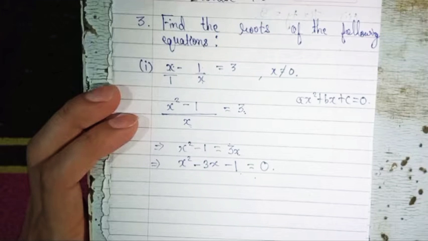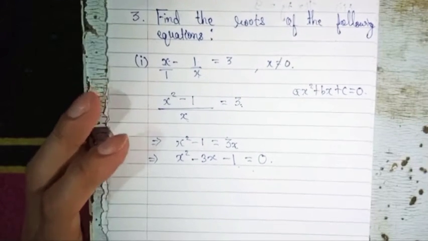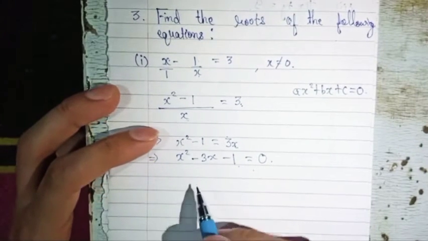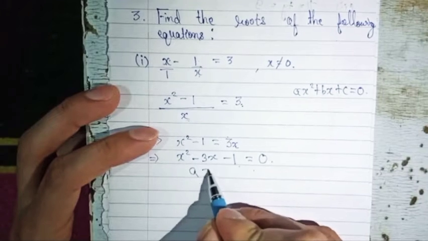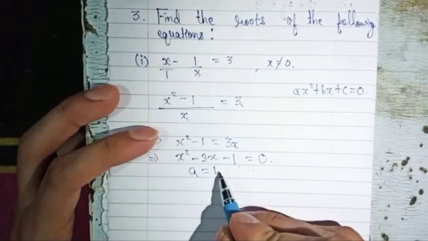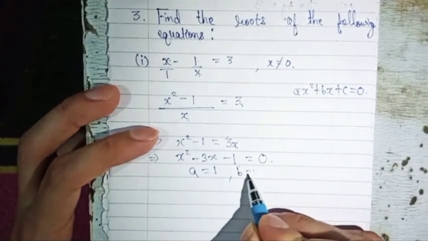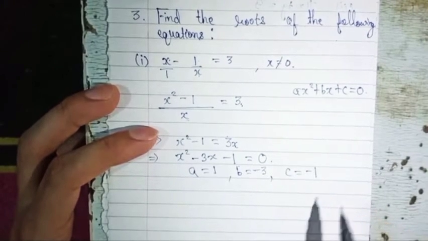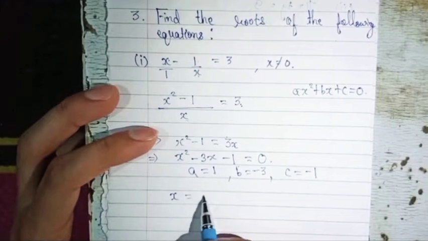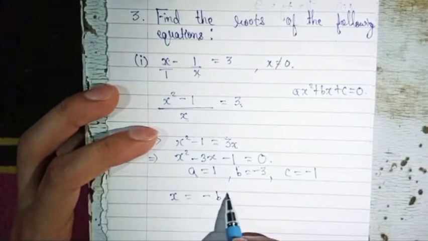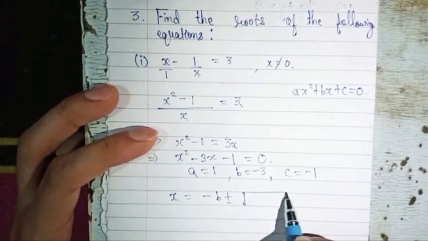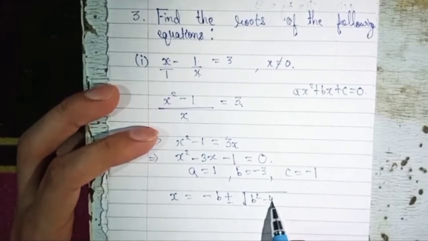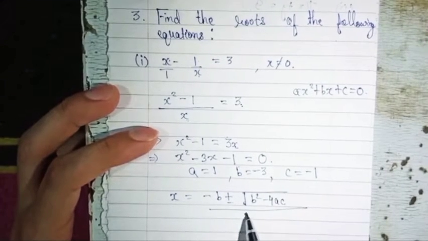Or if you are unable to find such two numbers, you can apply the quadratic formula also. Here the value of a is 1, the coefficient of x square, the value of b is minus 3, and the constant is minus 1. So the quadratic formula is x equals minus b plus minus under root b square minus 4ac, whole upon 2a.